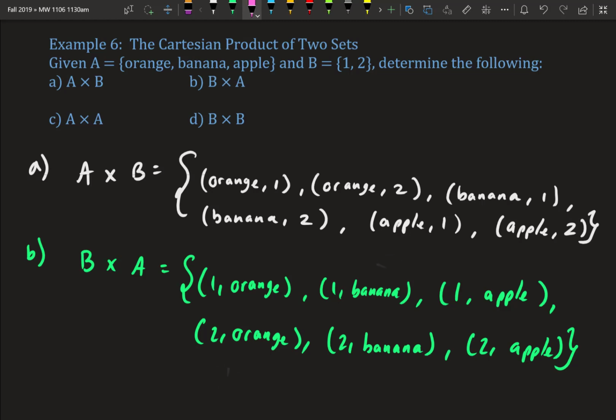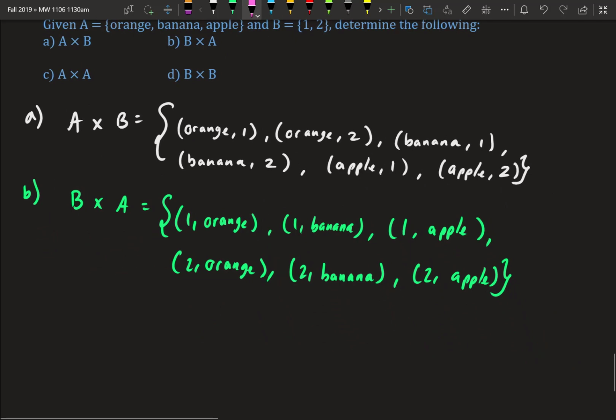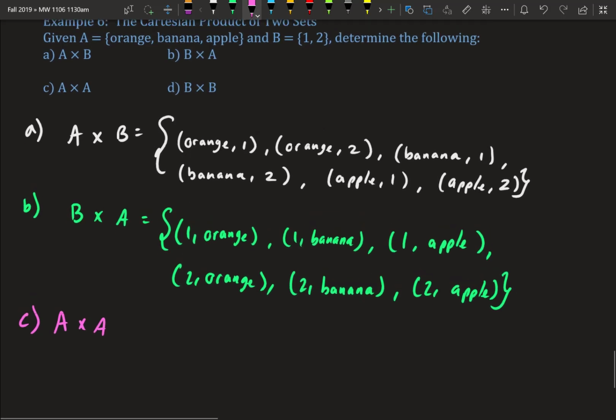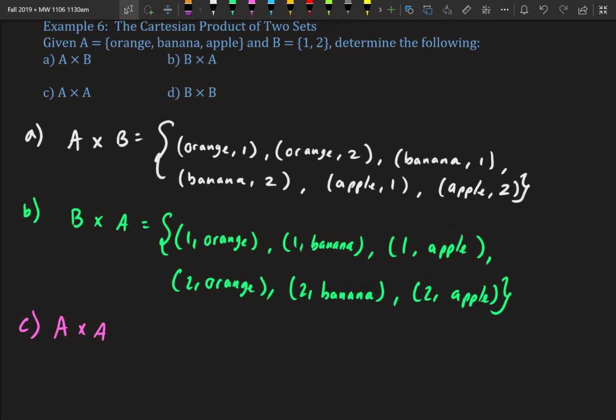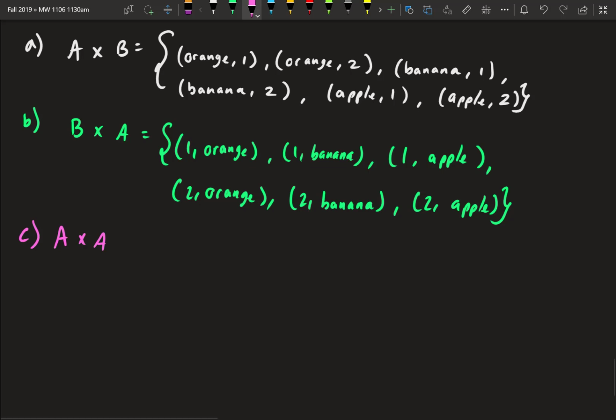Alrighty, part C. Part C is a little long. So A cross A. That means we're putting A together with itself. So we have to do orange, orange, orange banana, orange apple. Let me rewrite A twice.